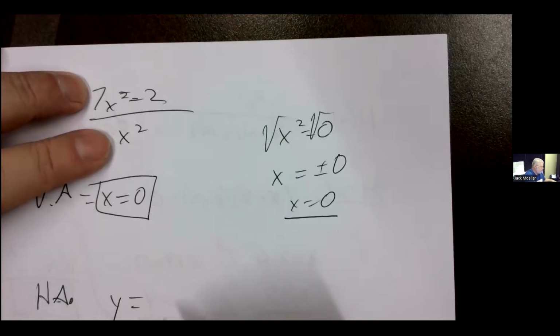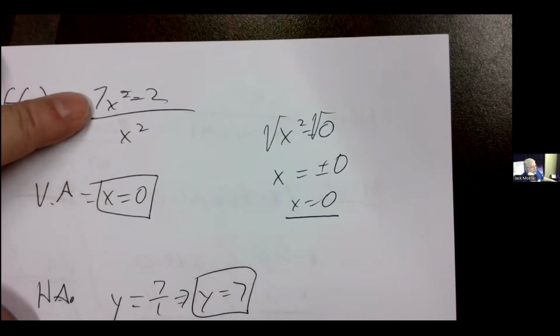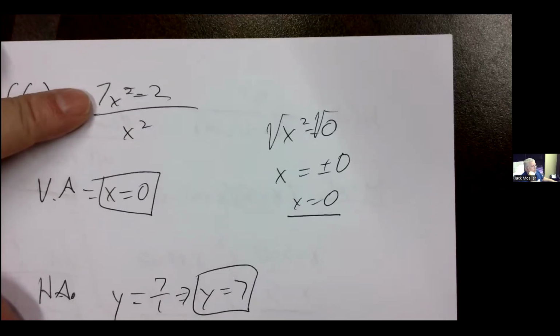So 7 over 1 or y equals 7. If the degree of the numerator is larger, that's when we have no horizontal asymptote. We have just an oblique asymptote. And you don't have to worry about what the oblique asymptote is. You just have to know that the top is larger. It's not horizontal, it's oblique.